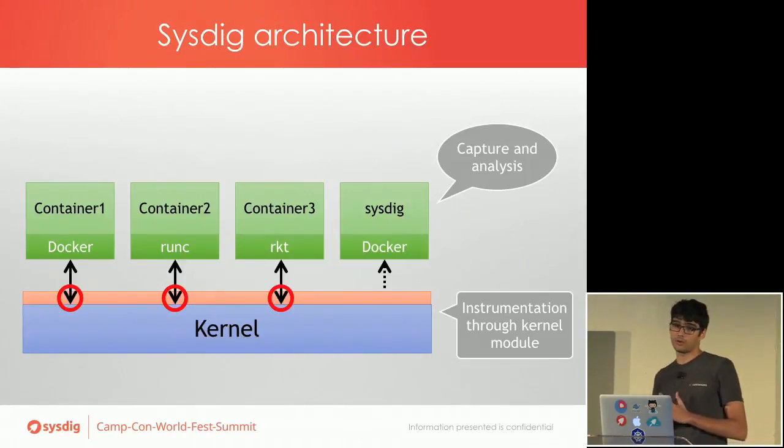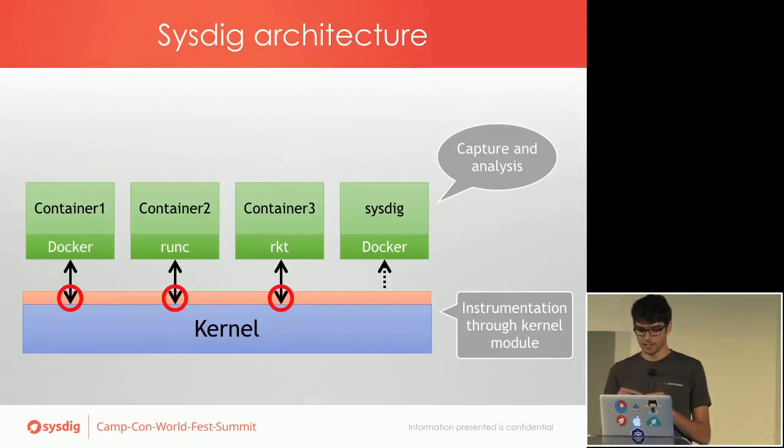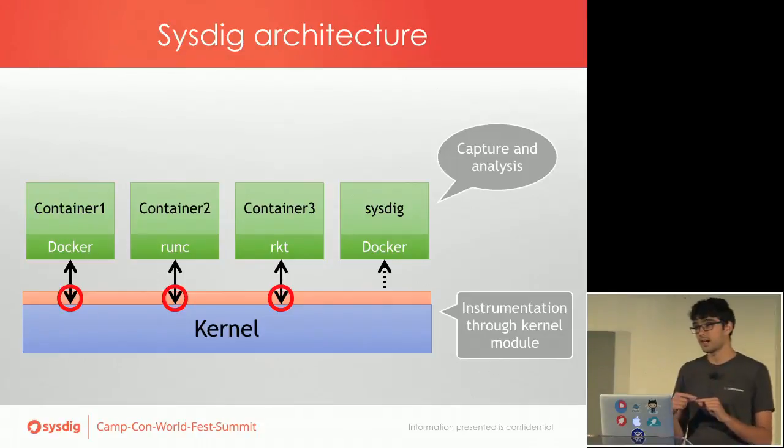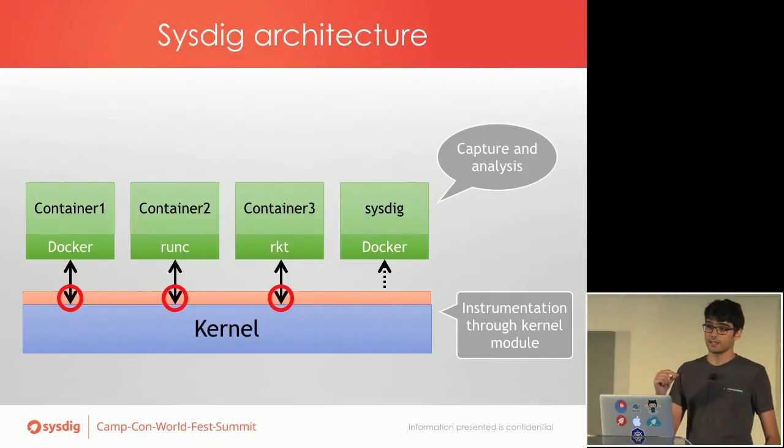Sysdig tries to solve this issue, and how can Sysdig do this? Sysdig adds an instrumentation inside the kernel as a kernel module, which is a thin layer that stays in between the system calls that all the applications make to do meaningful stuff.